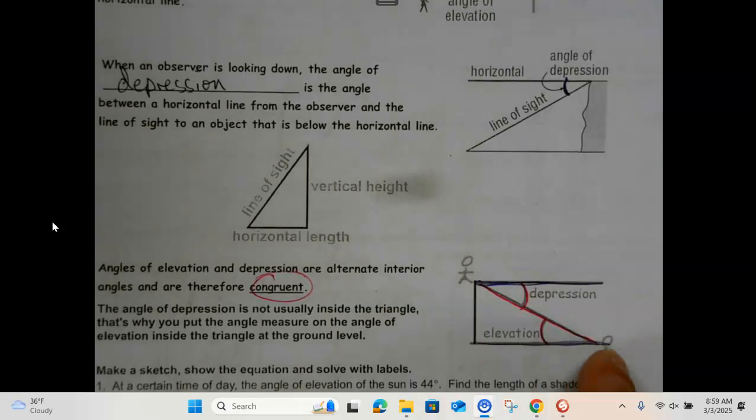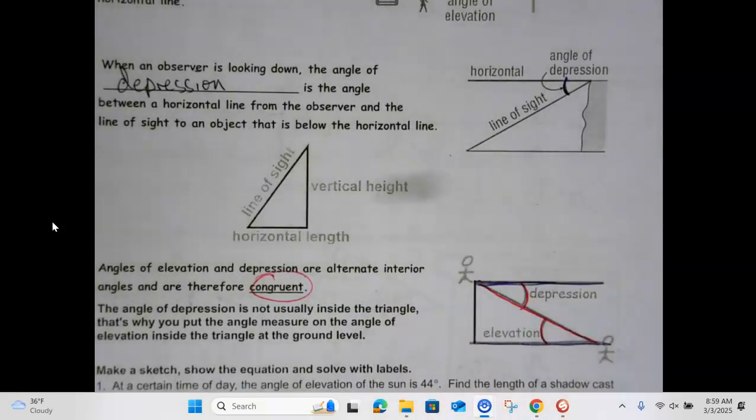They're the same thing. So whether in an application problem I'm looking up or looking down, the angle measure is exactly the same.